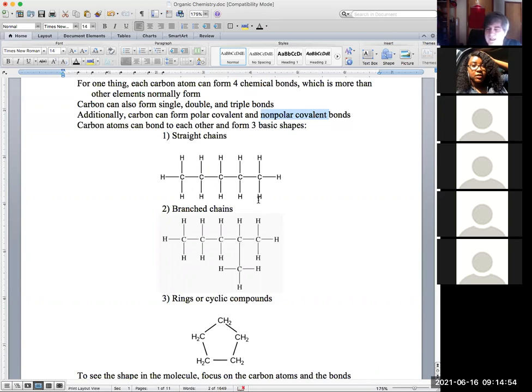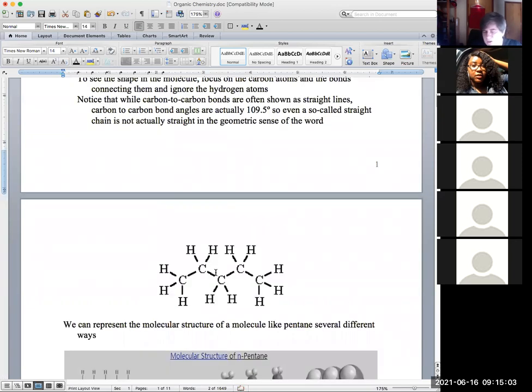So this is fine in terms of drawing a molecule and representing it, but we want to keep in mind that this really is distorting the shape a little bit. We really have this zigzag pattern of the carbons. We don't have all the carbons in a straight line. So we want to keep in mind that that's the case.